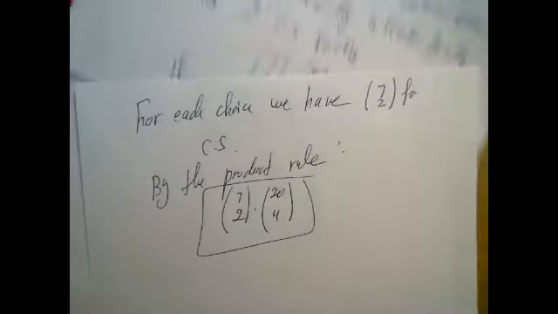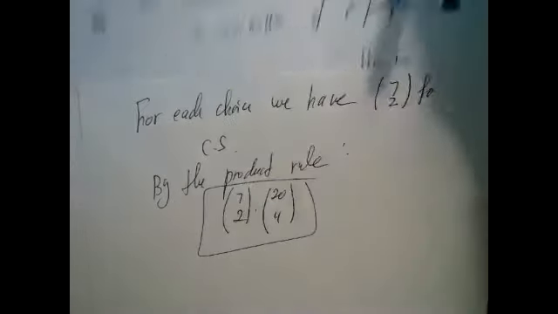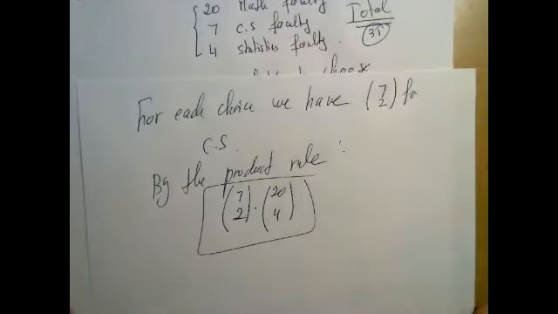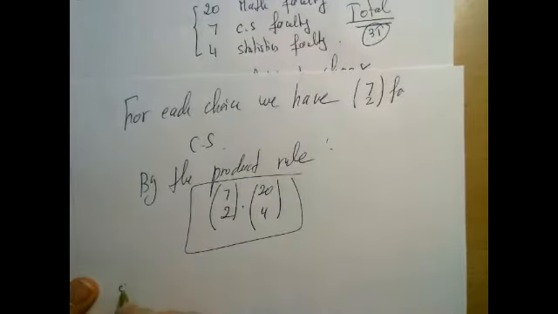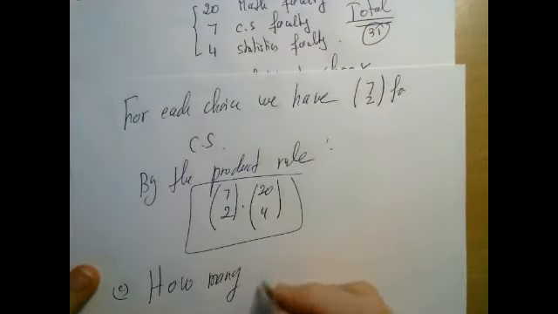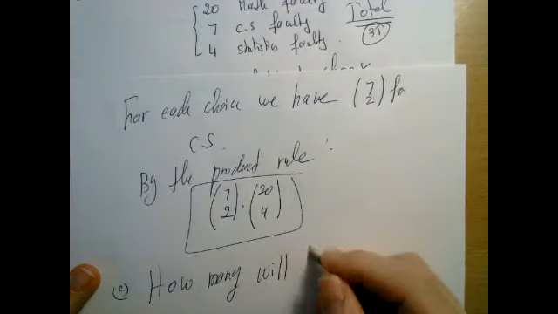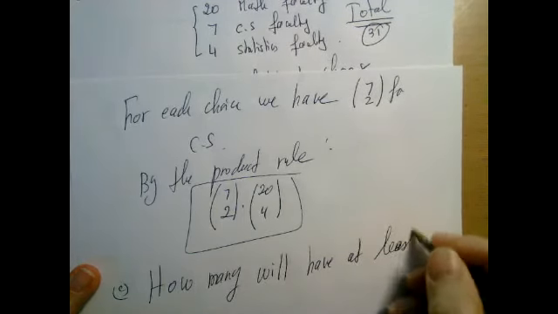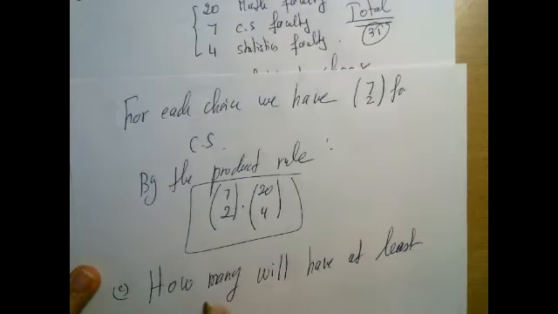Okay, one more question along the same lines. It's the same problem, absolutely the same. That's the setting. My question is, how many of those committees will have at least 1 stat faculty?